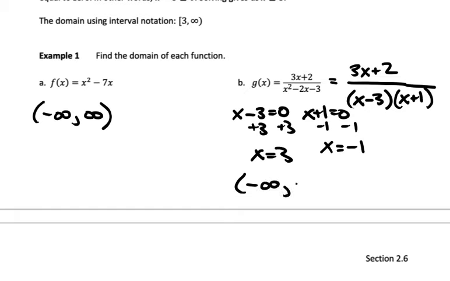So I need to do that for two places. Since negative 1 is the smaller value, that's going to go first, and 3 is going to go second. So I can go from negative infinity to negative 1. I can go from negative 1 to positive 3. And I can go from 3 to infinity. So those 3 pieces all together make up the entire domain.